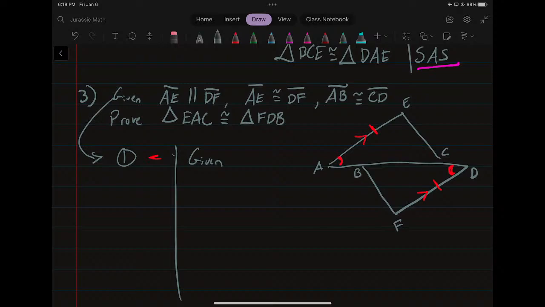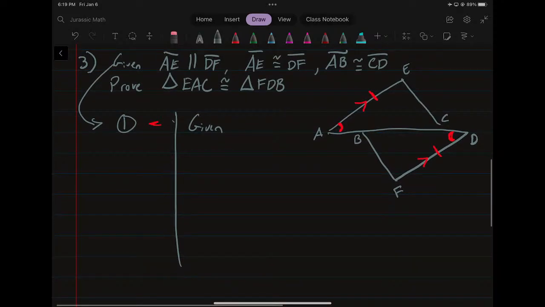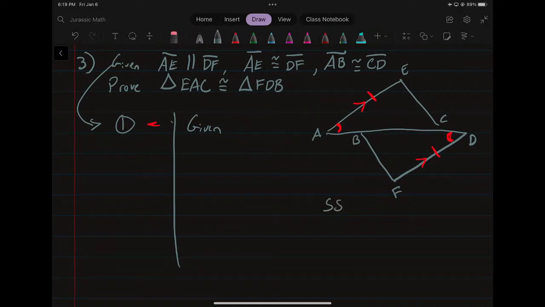Now, we know in geometry that there are 4 main triangle congruencies. And then there's HL off to the side because that's a special one used for only right triangles. So this one, we have an angle, we have a side, which means it's not going to be side, side, side. It could be any of the other ones.